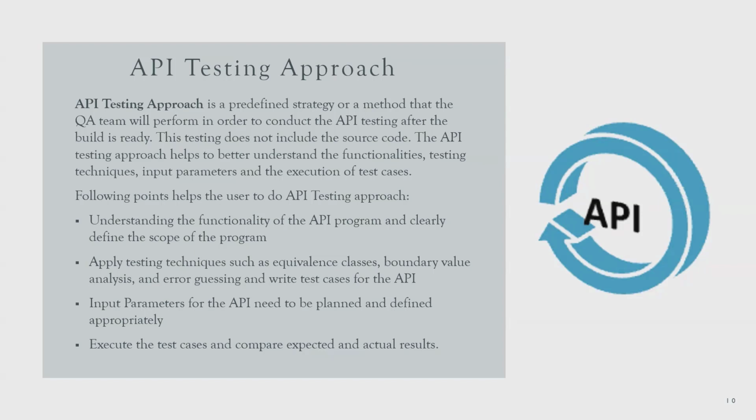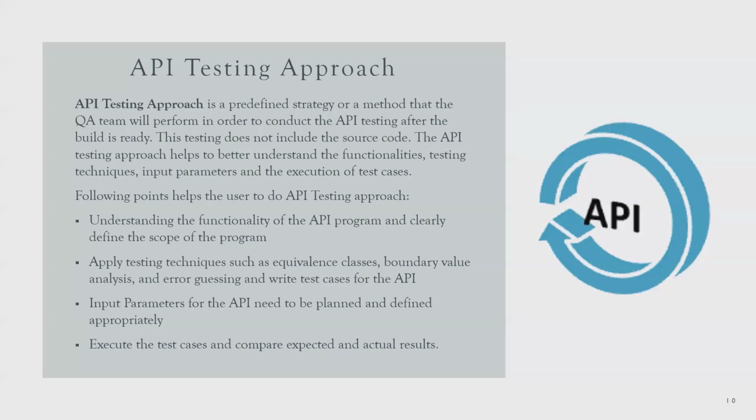Then we have to apply testing techniques such as equivalence classes, boundary analysis, and error guessing, and write test cases for these APIs. The test cases we cover should be end to end, and there should not be any loopholes. So basically that means they should cover everything about the API.